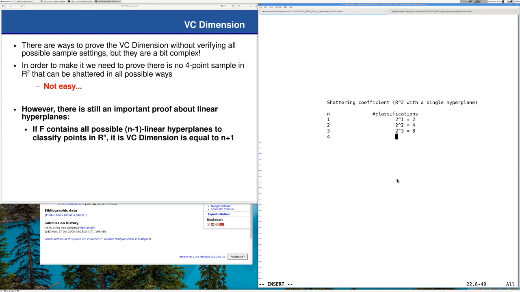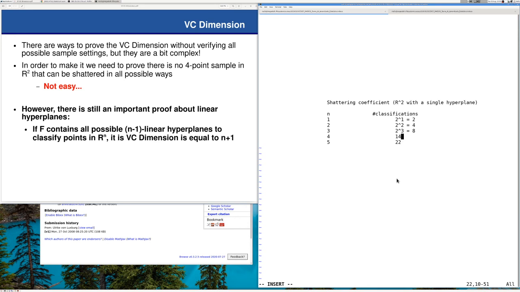If my n is 4, fortunately, I will not be able to produce 2 to the power of 4. Instead of producing 16, I will produce fewer: 14. If I use 5, I will not produce 2 to the power of 5, which is 32. Instead of 32, I will produce 22.